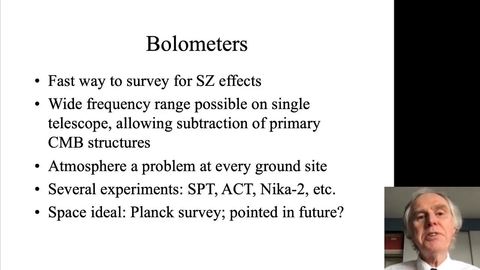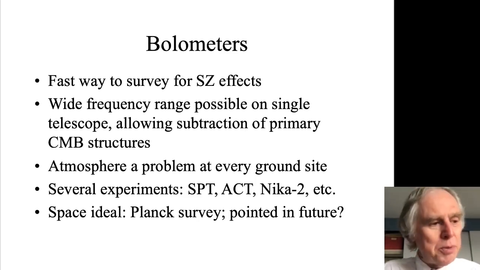The modern method is to use bolometers, particularly bolometer arrays. Bolometers are great because they have extremely wide simultaneous bandwidths, or can have, and so can give you extremely sensitive measurements of the brightness of the sky.